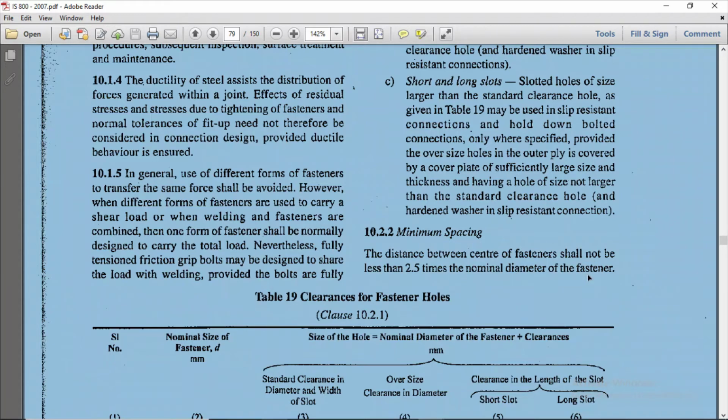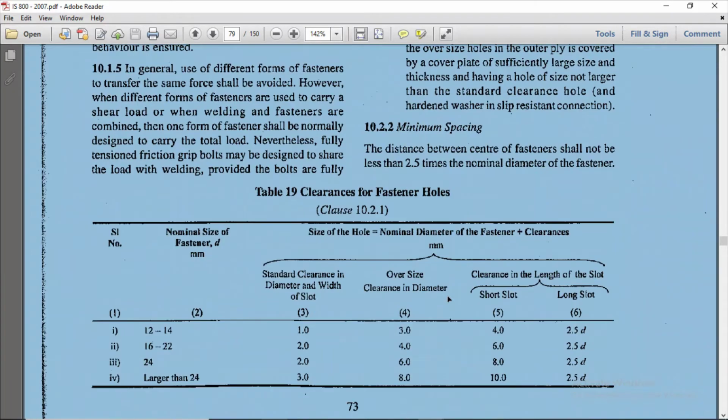Fastener means bolt. So 2.5 times D that we did here, 2.5 multiplied by 20, we got 50 mm. Then we calculated clearance for fasteners. So table number 19. Our diameter of bolt was in between 16 to 22, and for standard clearance, the clearance will be 2 mm. So we got 22 mm answer from this.